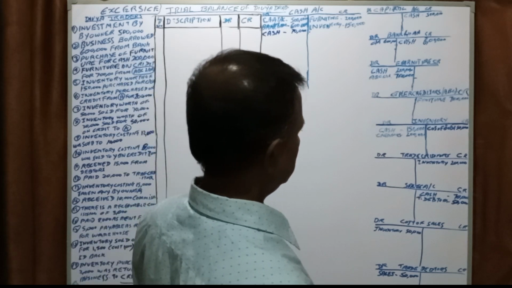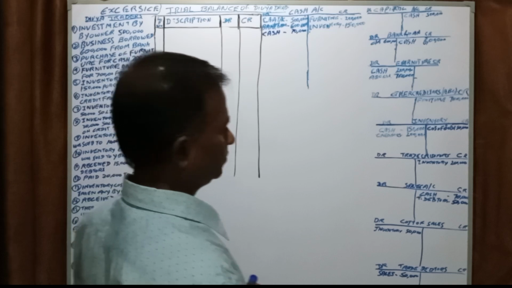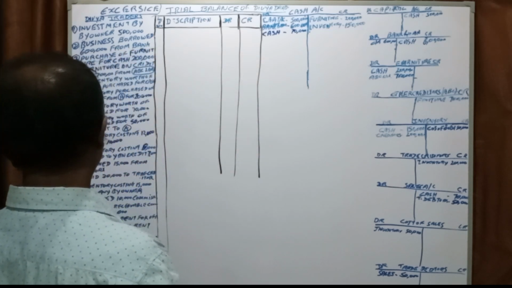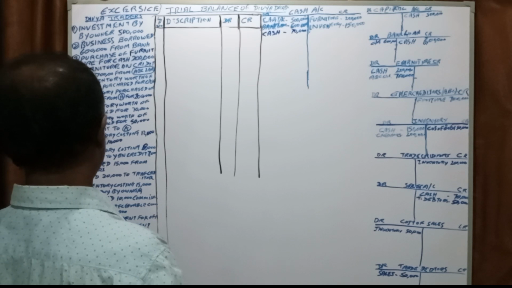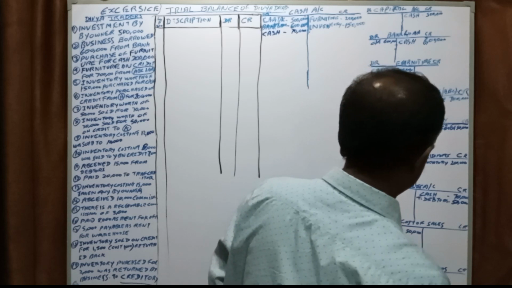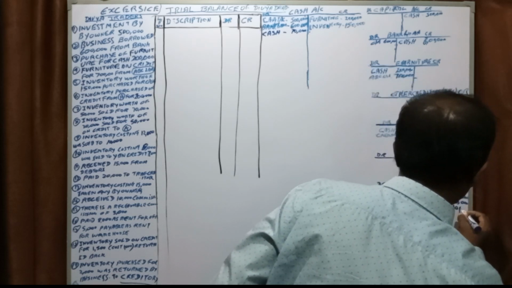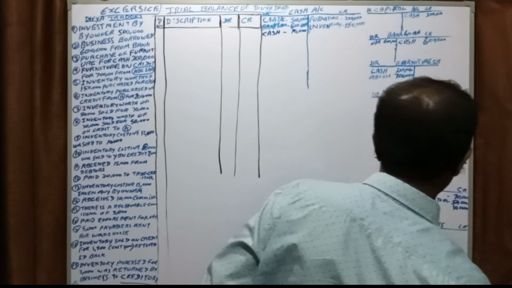Adjustment number 9 is inventory costing 12,000 was sold for 10,000. Sales 10,000. Okay.